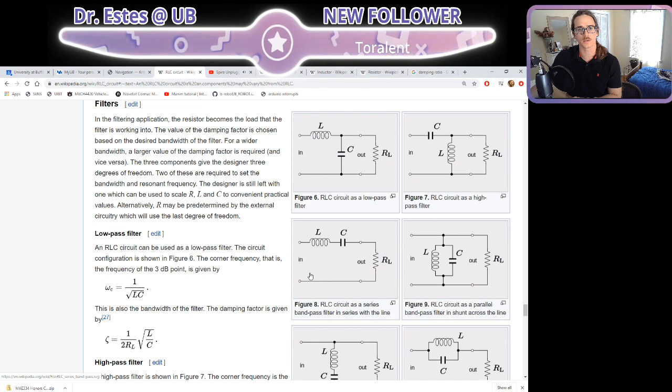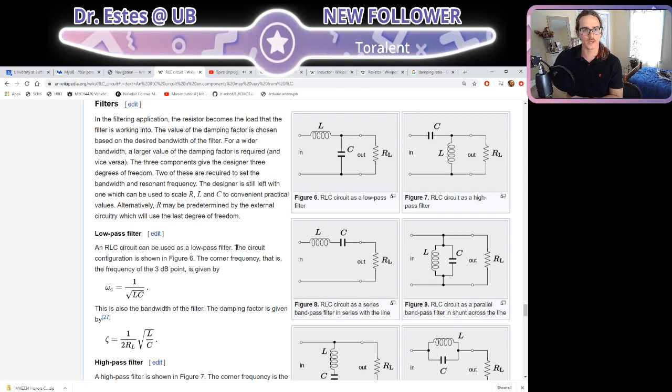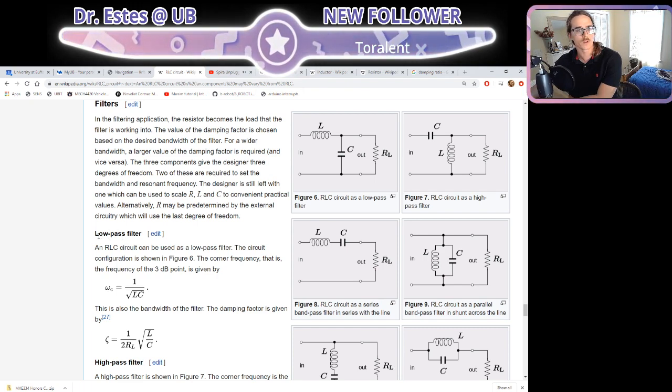Here everything's in series, and this is the circuit we're analyzing. The order in which you put these doesn't matter. Like in my circuit, I put the resistor first, then the inductor, then the capacitor. If you want a little read about what these circuits are used for, the Wikipedia page is really great. It's used for a lot of filters. This one is used as a low-pass filter, and we're going to cover low-pass filters in this class. More to come on that.